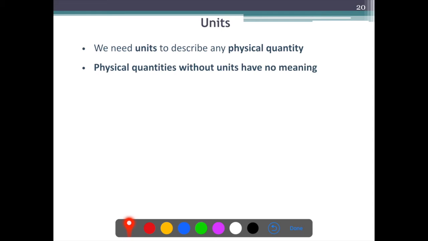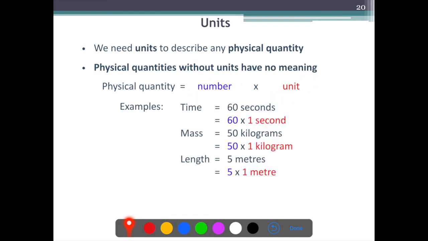Quantities without units have no meaning, because if you just say 10 or 5 without indicating the unit, you're not sure whether that means 10 seconds or 10 meters or 10 apples, or 10 meters per second squared. So we always need to indicate the unit. So you have the number and the unit that's indicated.